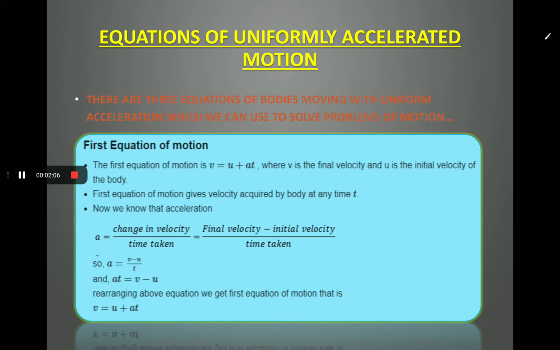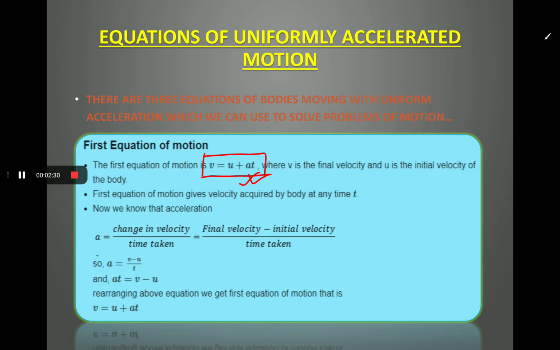Here is the first equation of motion, that is v is equal to u plus at. Here v is the final velocity, u is the initial velocity, a is the acceleration and t is the time taken. That means final velocity is equal to initial velocity plus acceleration multiplied with time.